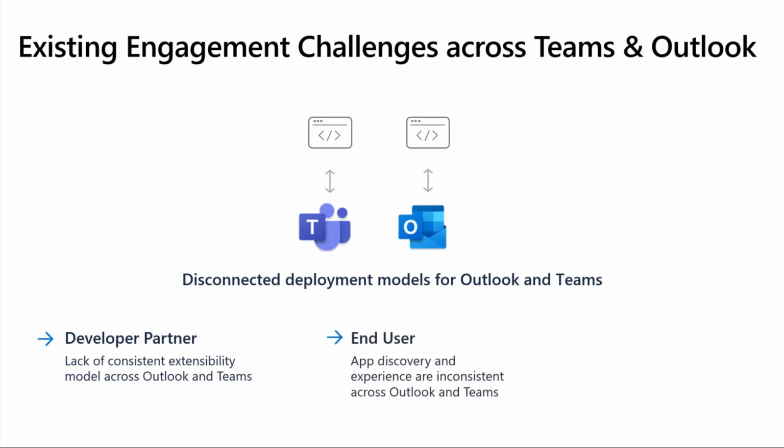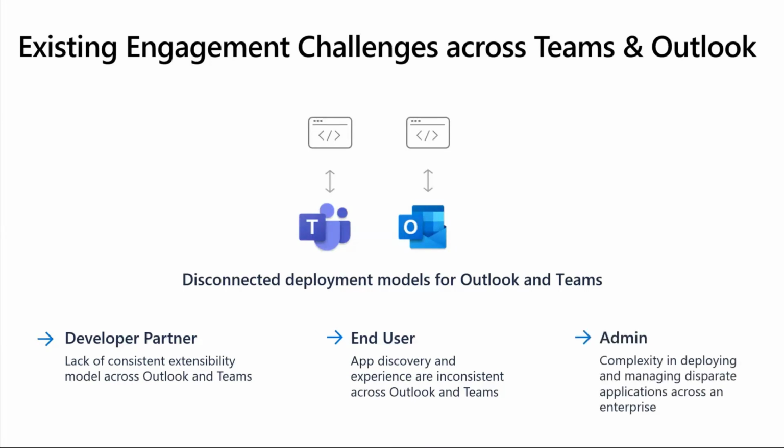For your end users, it implied challenges in app discovery and an inconsistent user experience across Teams and Outlook. So if you were to acknowledge content from Teams, that acknowledgement wouldn't really get reflected on Outlook or vice versa, because these were two completely separate and independent apps.